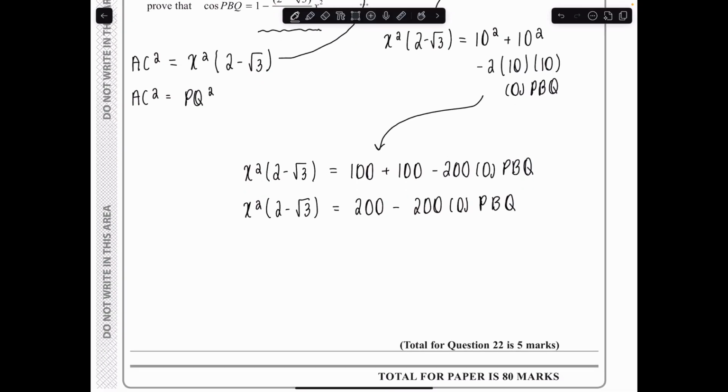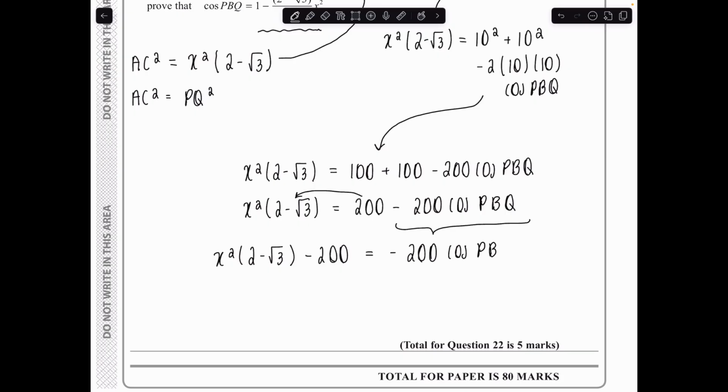Now here, the next thing that we need to think about is we want to get this minus 200 cos PBQ on its own. Apologies. So how about we move this 200 to the left? What's the opposite of adding 200? Taking away 200. So we have x squared, 2 minus root 3, take away 200, and that is all equal to minus 200 lots of cos PBQ.